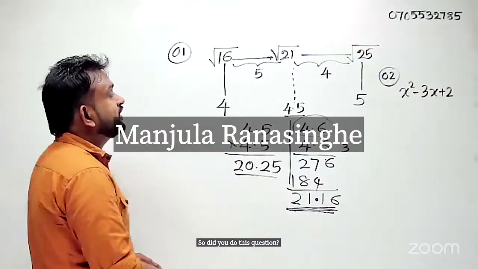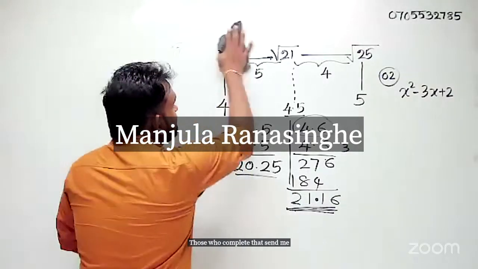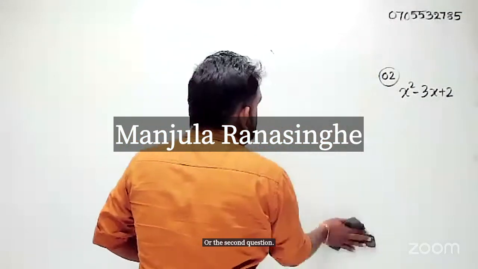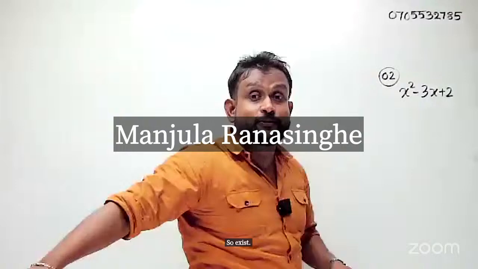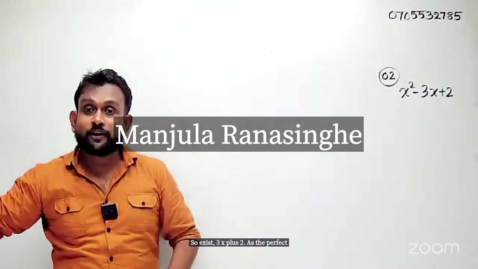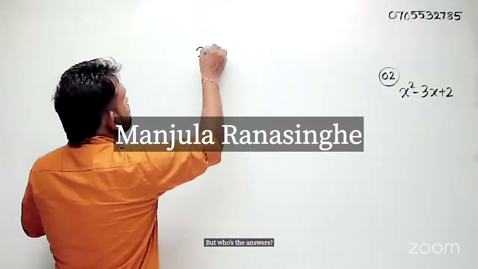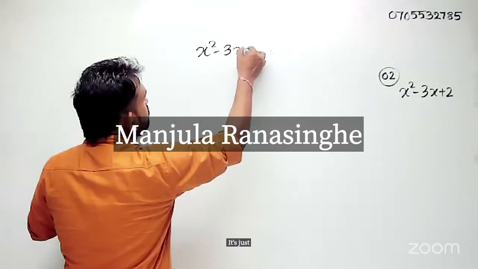Those who completed, send me your answer for the second question. So x squared minus 3x plus 2 as a perfect square. What were the answers? x squared minus 3x plus 2.